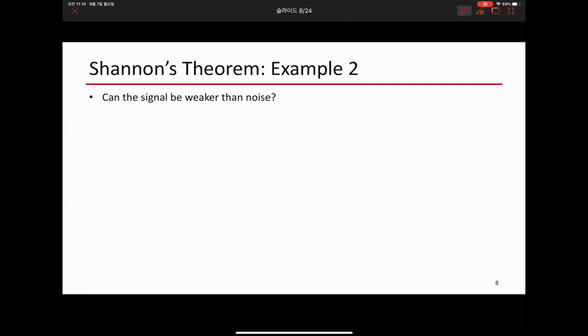Hojin? What do you think? I'm not sure, so I'm guessing, but I think signal cannot be weaker than noise. Okay, good point. Seungjae? I'm not sure about it too, but I think the signal can be weaker than noise. Okay. Kelly? Yeun?